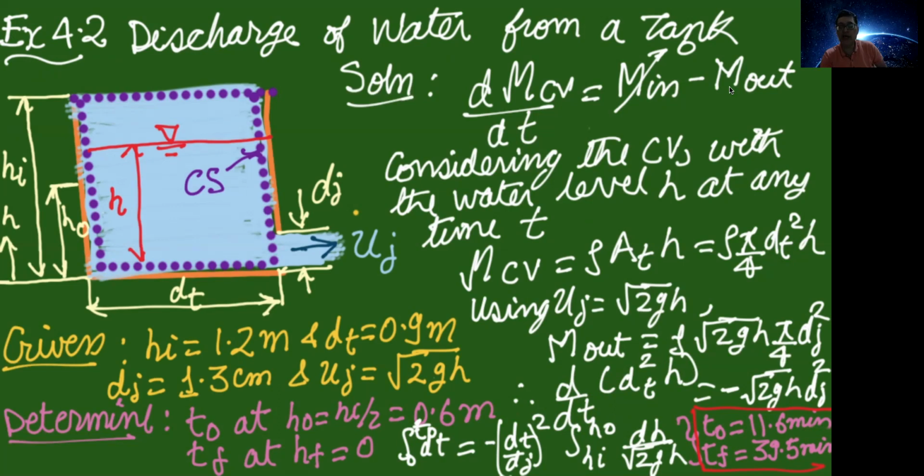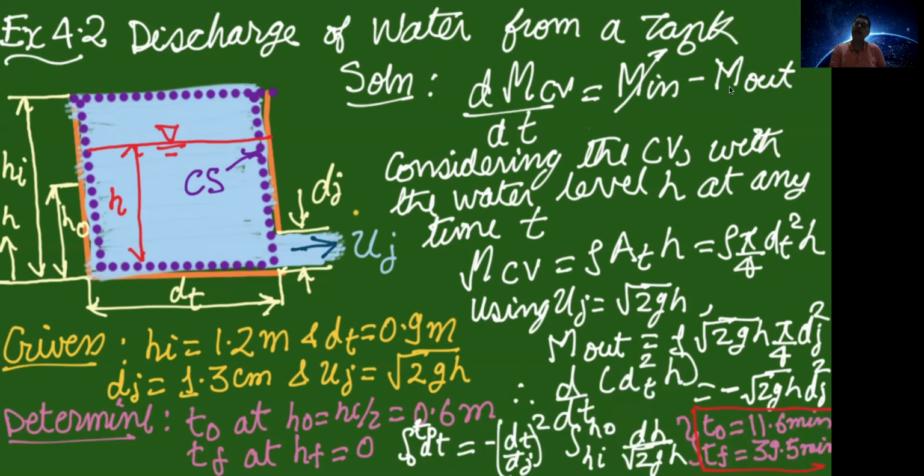Note that you can get an expression for the complete discharge where in this integral the limit will be hi to 0. Okay, so if you do that, you can obtain the expression for TF. So for the half discharge, it takes 11.6, and for complete discharge, it is 39.5.